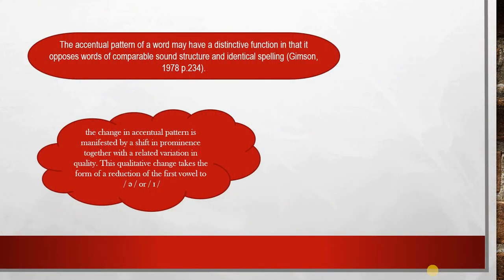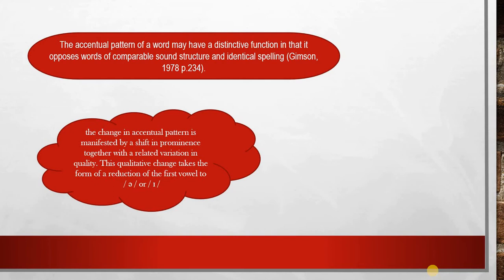The accentual pattern of a word may have a distinctive function in that it opposes words of comparable sound structure and identical spelling. When I have a word that can be a verb and it can be an adjective or noun, how can I get the meaning?